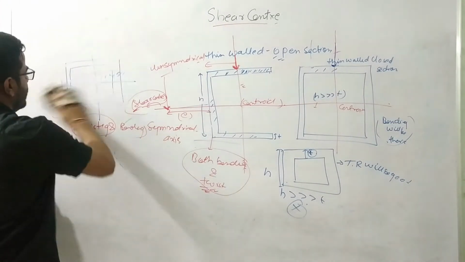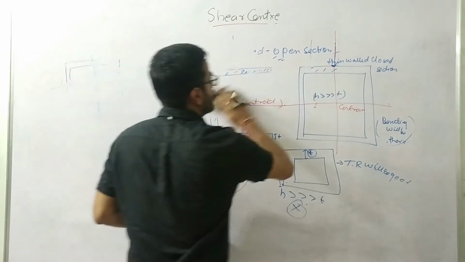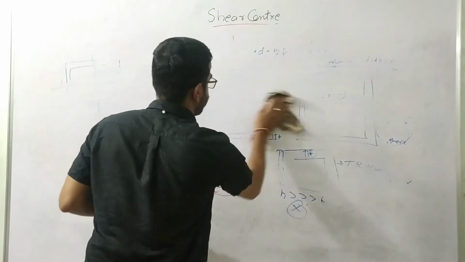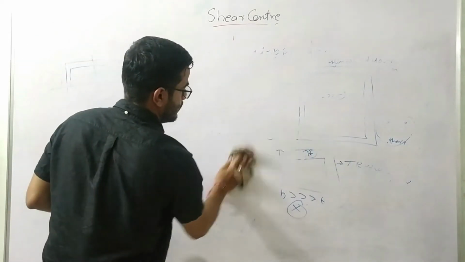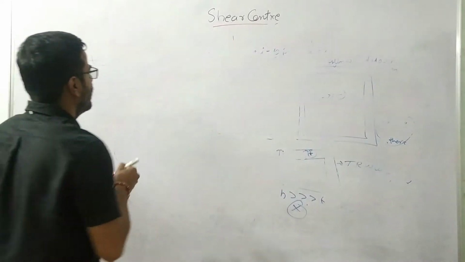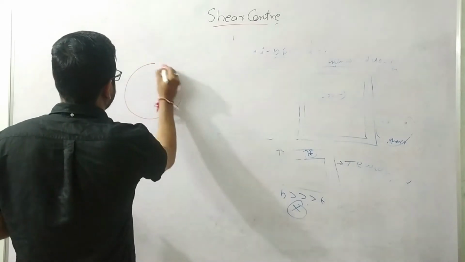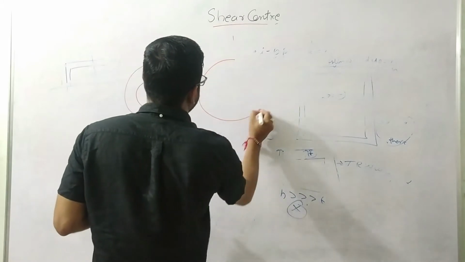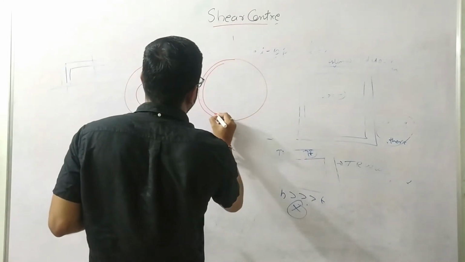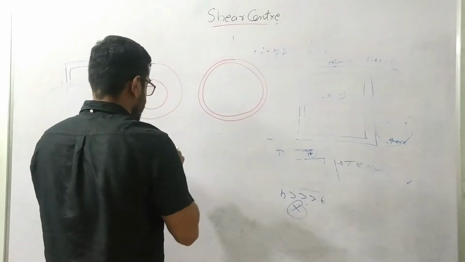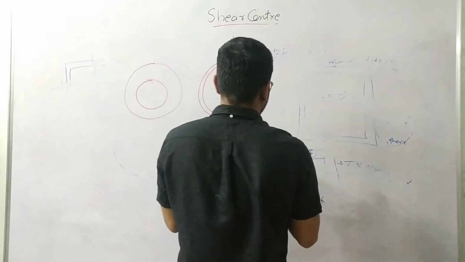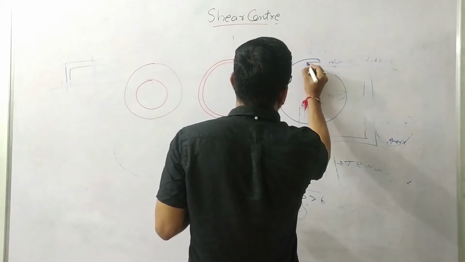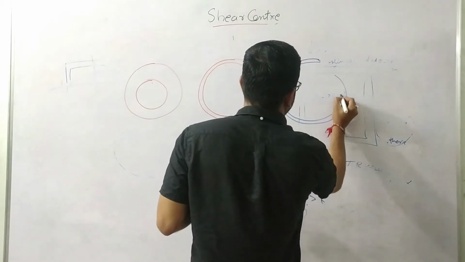So let us discuss circular cross sections. Let us suppose we have three types of cross section. This is a hollow section, this is a closed section but it is thin walled, and this is a thin walled open cross section.